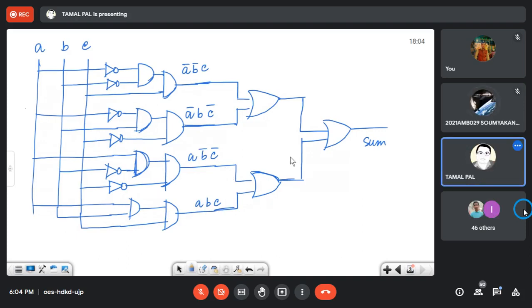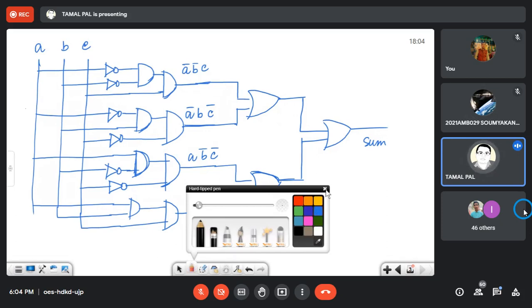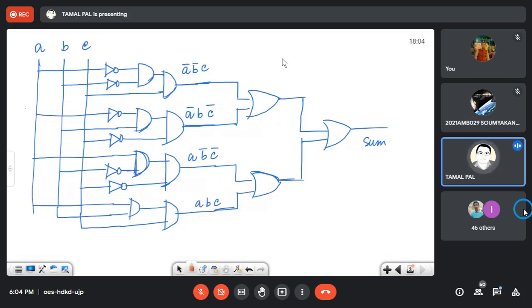One thing you should keep in your mind is what the difference is when you use the same expression using 3 input gates and 2 input gates.